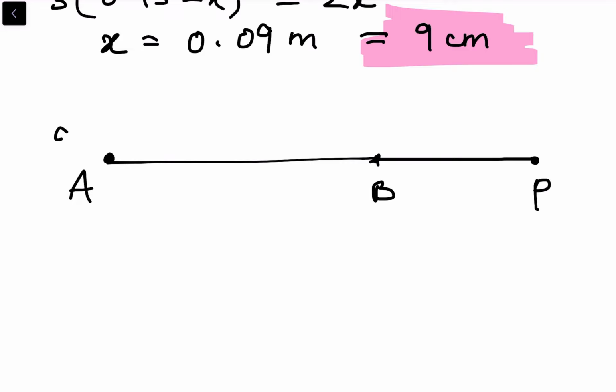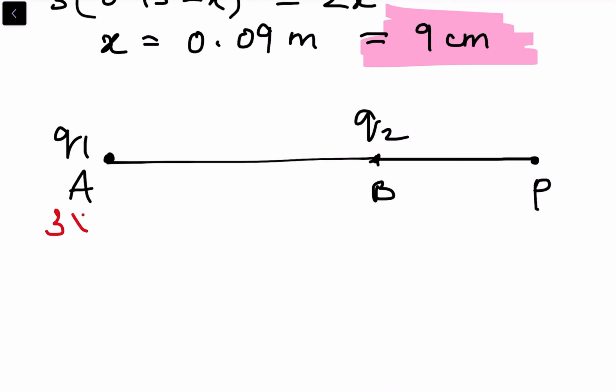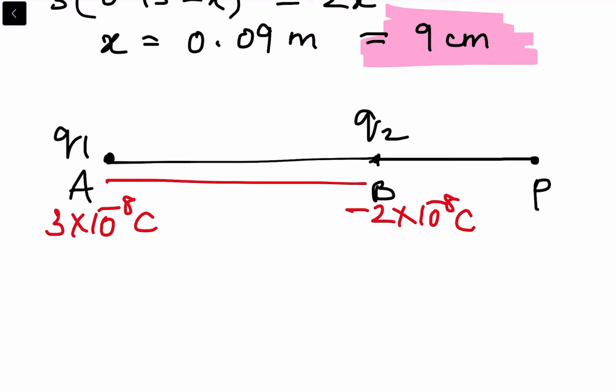So here it is Q1, here it is Q2, and Q1 is 3 into 10 to the power of minus 8 coulombs, and Q2 is minus 2 into 10 to the power of minus 8 coulombs. And then the distance between them, as earlier, is 0.15 meters. It is meters, not centimeters.